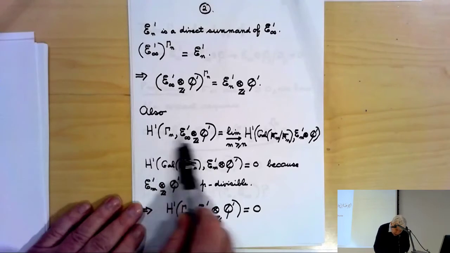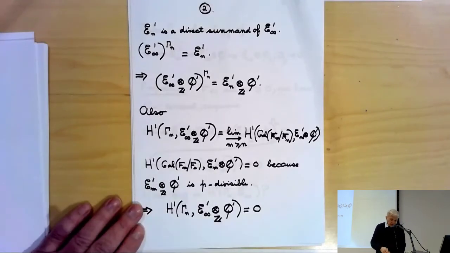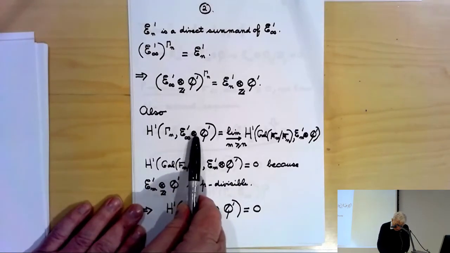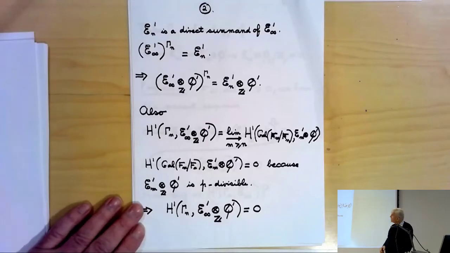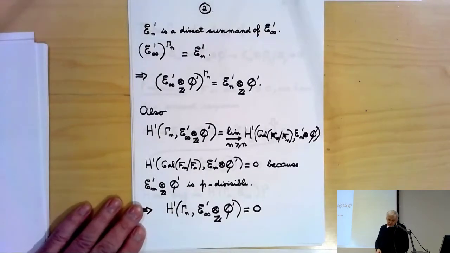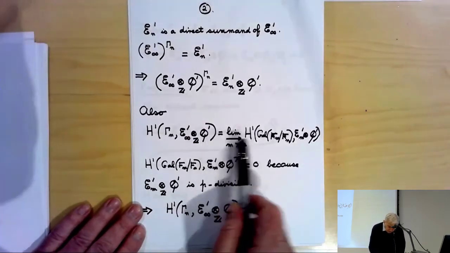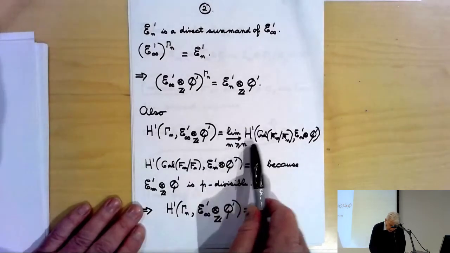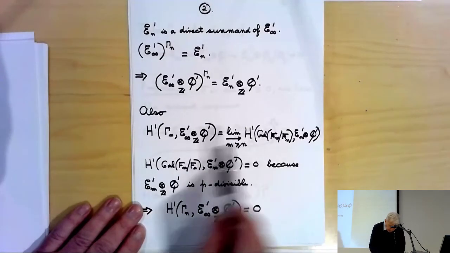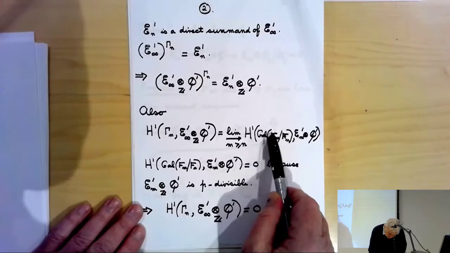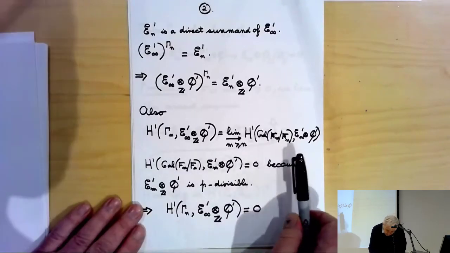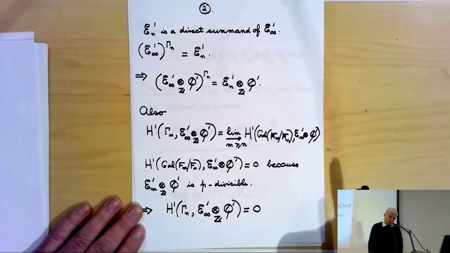Now what about the H^1 of Gamma_n acting on E infinity prime tensored Q prime? Well, of course, this is the inductive limit of the H^1 over m greater than or equal to n, of F_m over F_n, and then E_m prime tensor Q prime.